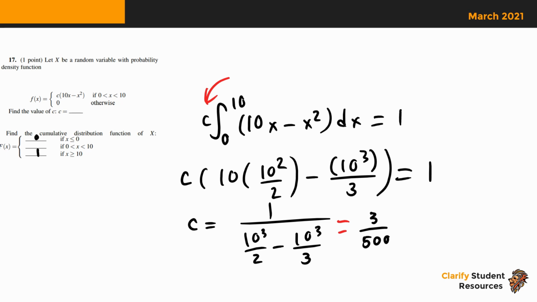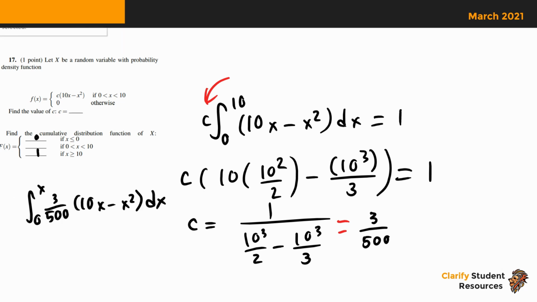And then the CDF between 0 and 10 is just going to be the integral from 0 to x of c, so 3 over 500 times 10x minus x squared dx. Oops, sorry, that's a bit off screen.